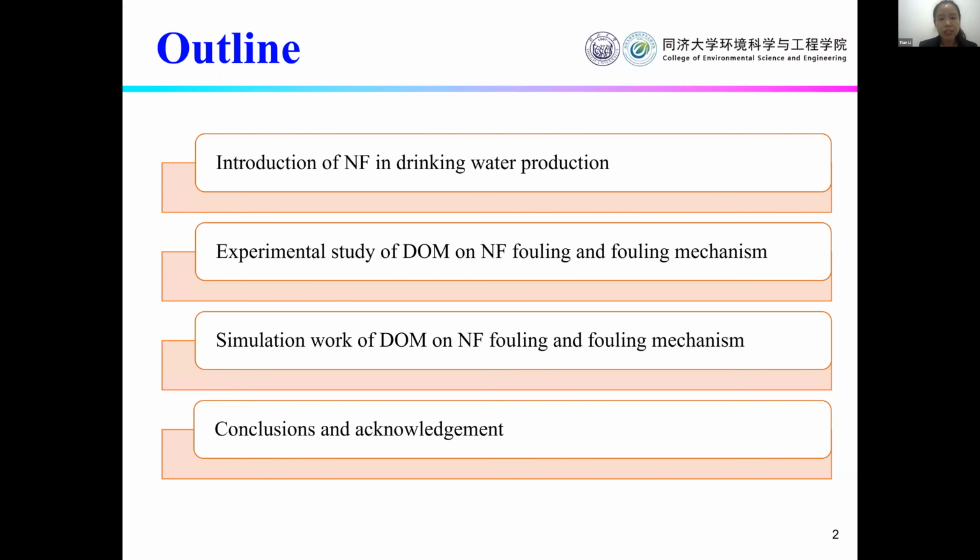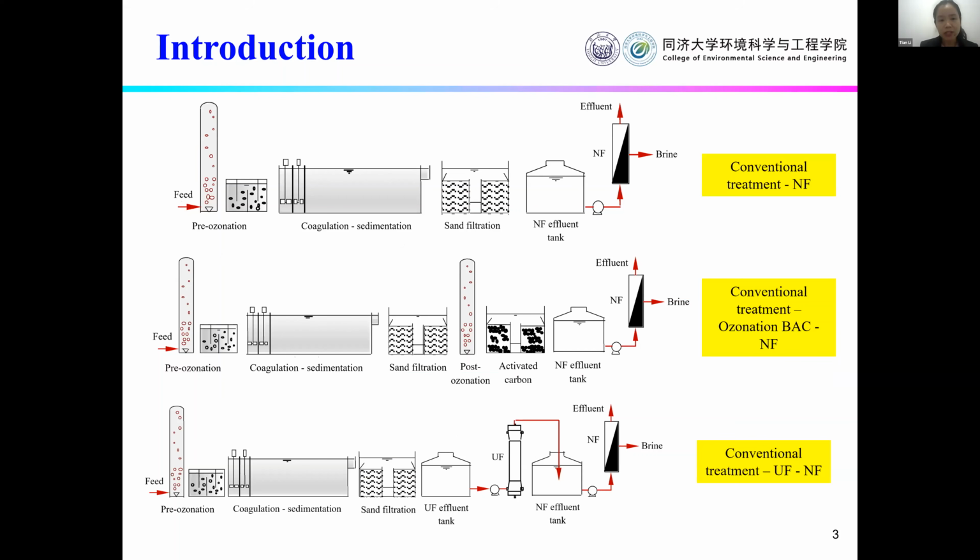Nanofiltration is widely used in water purification technology.